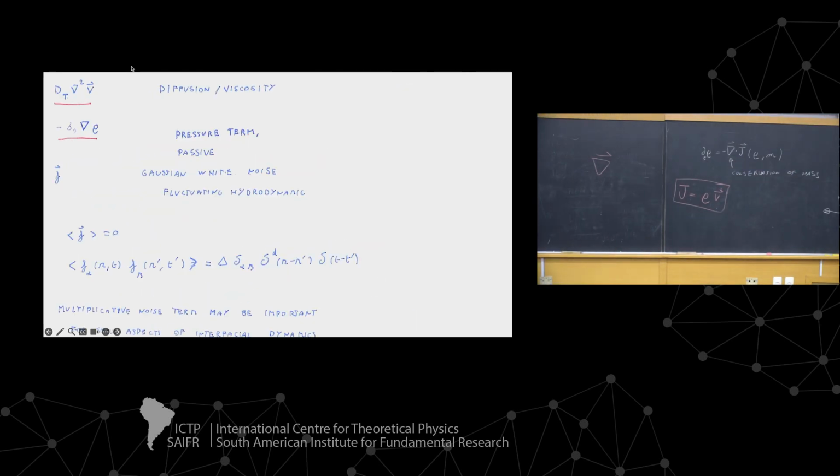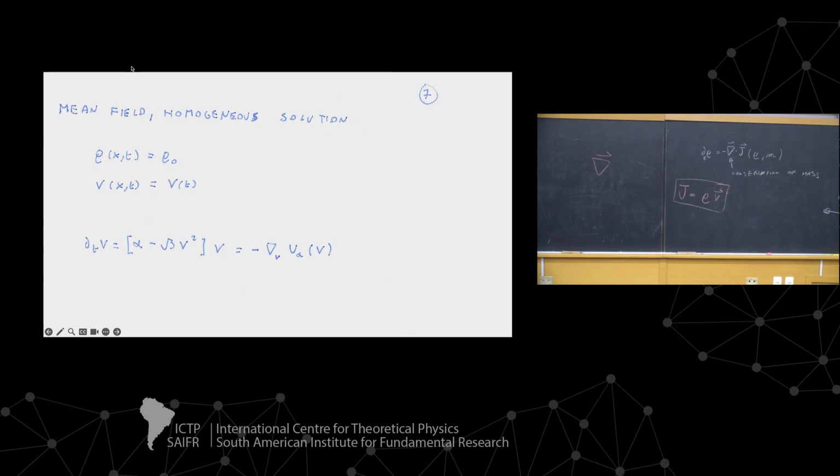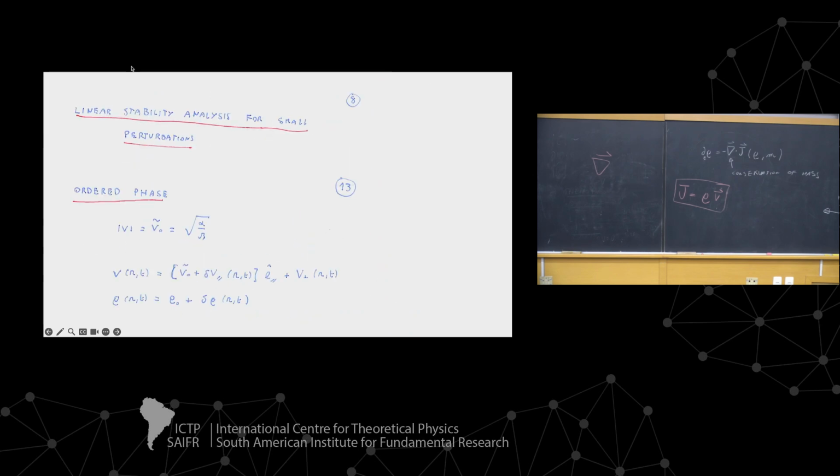So you go back, sorry. You take this solution, with a constant velocity, which is homogeneous. Of course, you're homogeneous, you have a constant density, which is the total density of your system, and you put a small perturbation on top of that, both in density and in velocity.